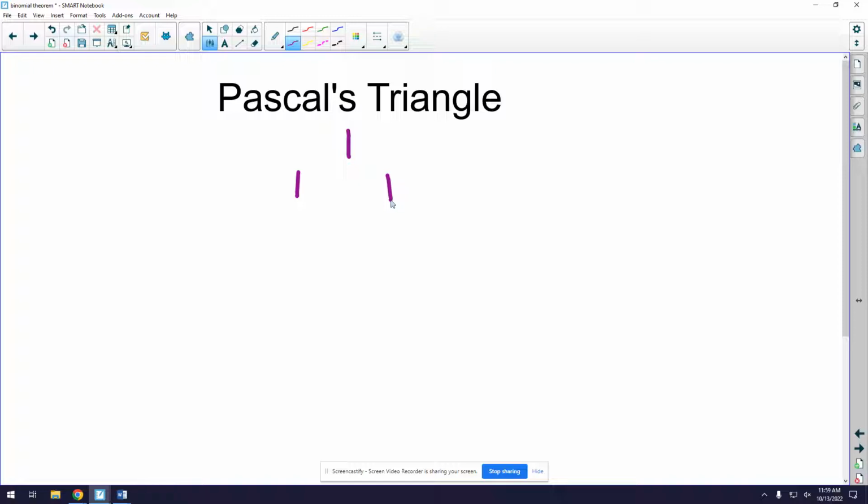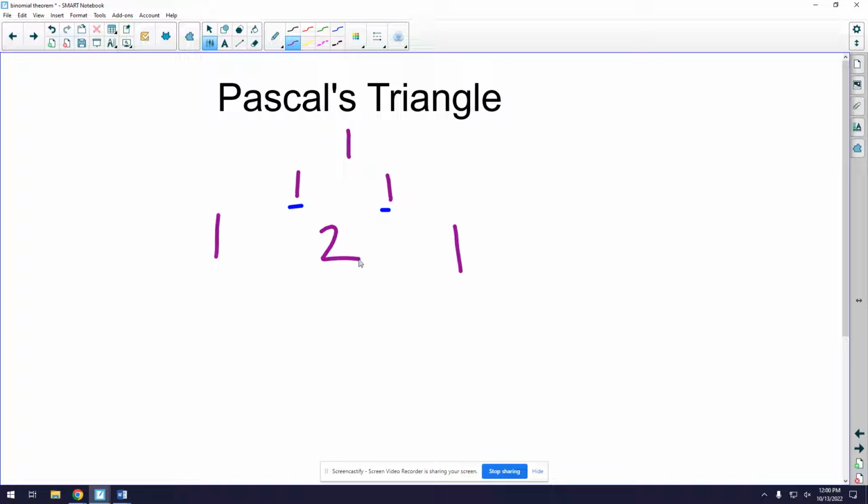As you continue down, every row, the beginning and ending number will always be a 1. And then for any other numbers, you go to the previous row and add up the numbers directly above. What I mean by that is I'm going to take 1 and 1 at the end. Now we're going to take 1 and 1 makes 2.